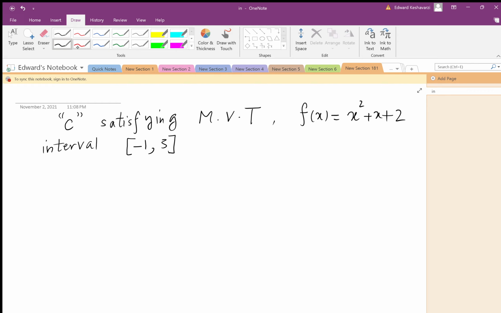So obviously this one is A and this one is B.